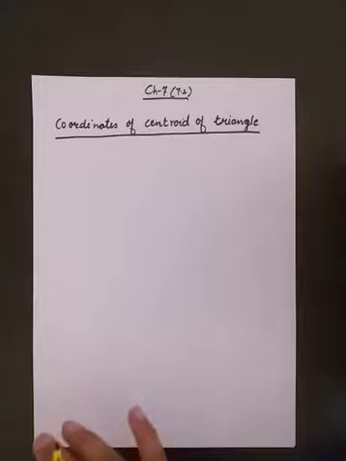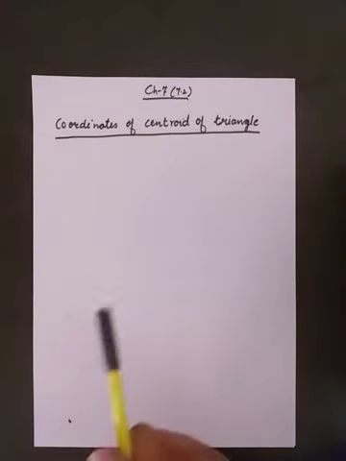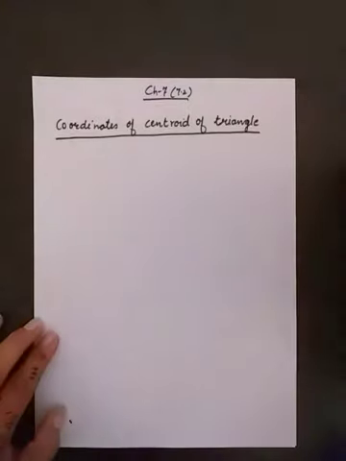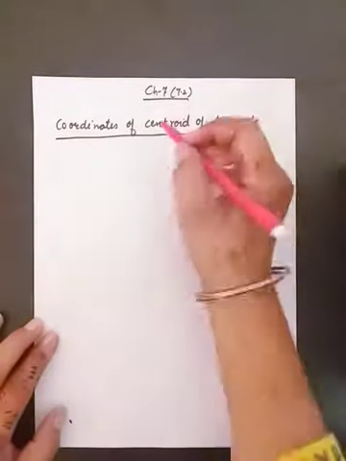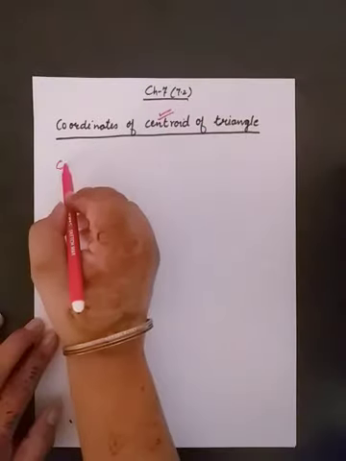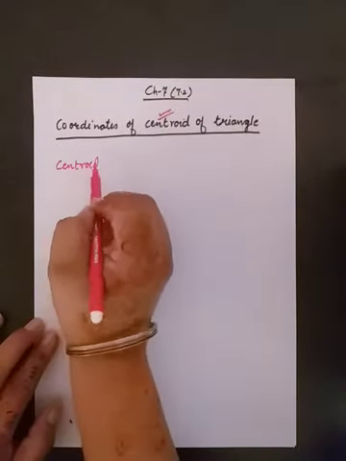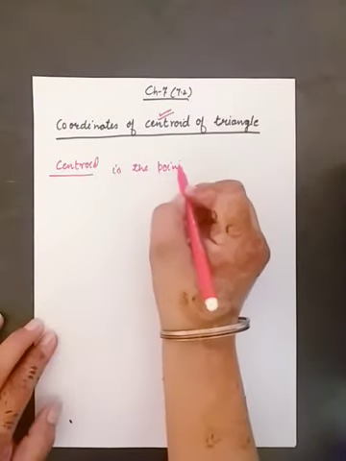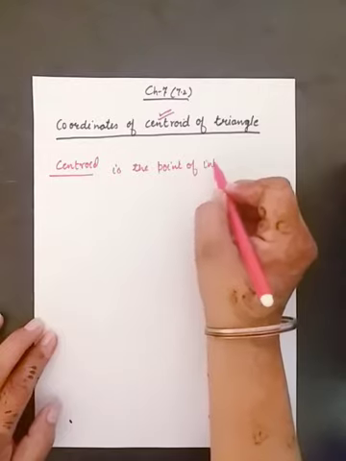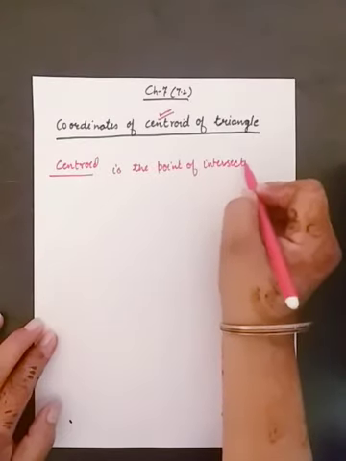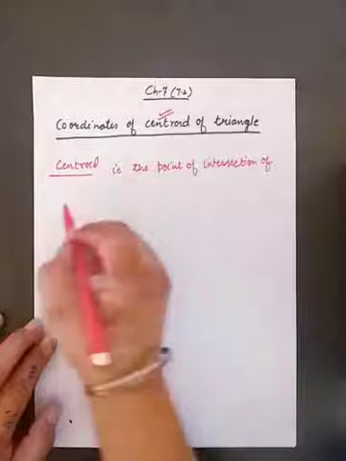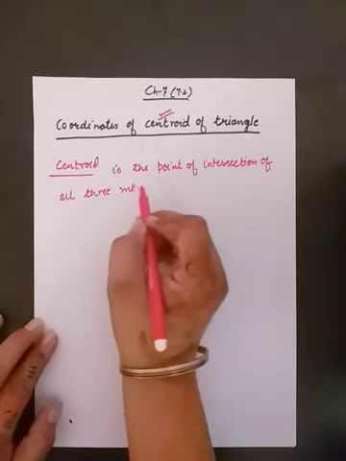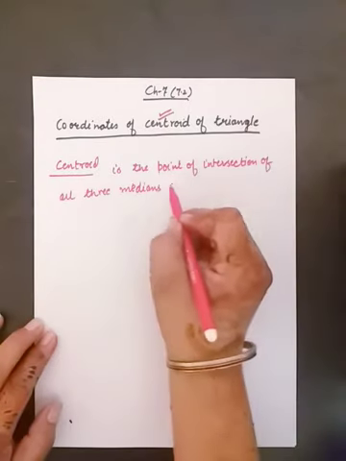One more topic is there in this chapter, that is the coordinates of the centroid of a triangle. Before that, we must know what the centroid is. Remember, the centroid is the point of intersection of all three medians of a triangle.